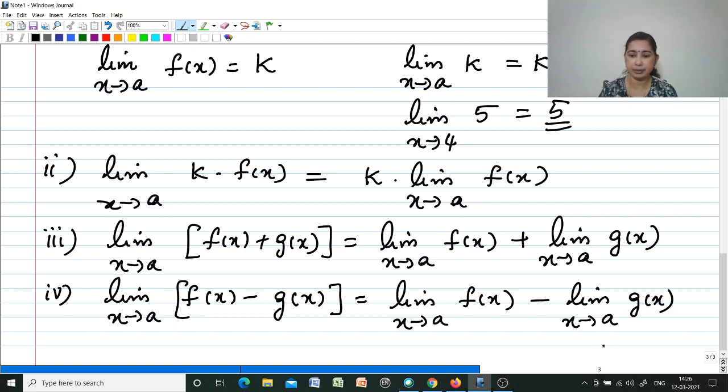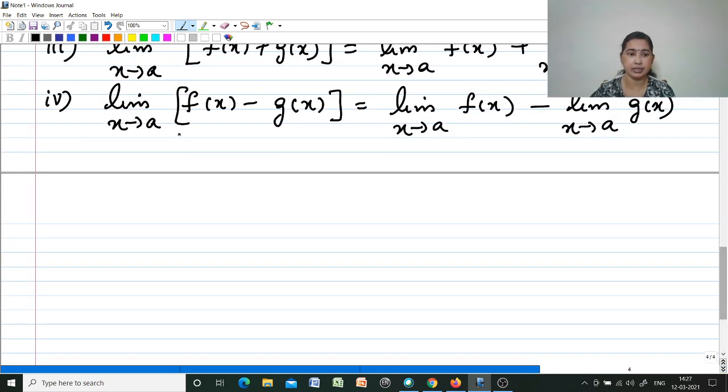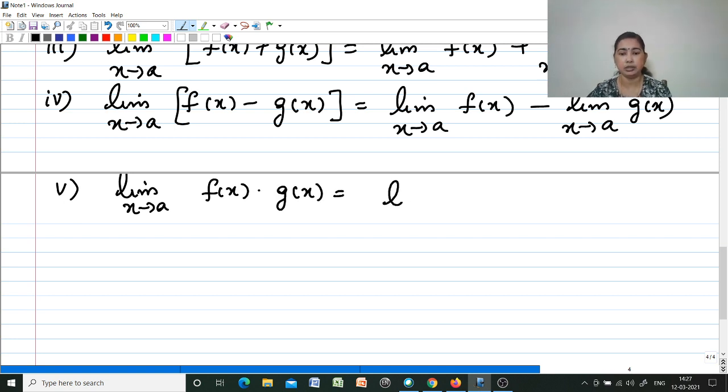The same way it is applicable for multiplication and division also. So what happens in the case of multiplication? Limit x tends to a, f of x into g of x is equal to limit x tends to a, f of x into limit x tends to a, g of x.